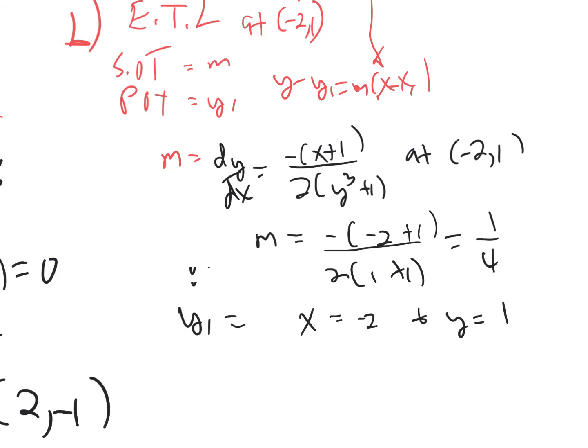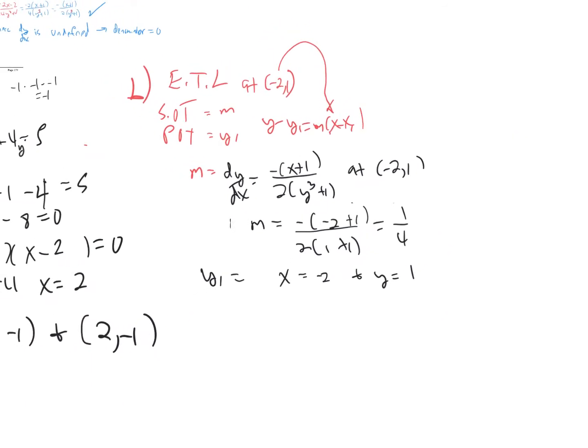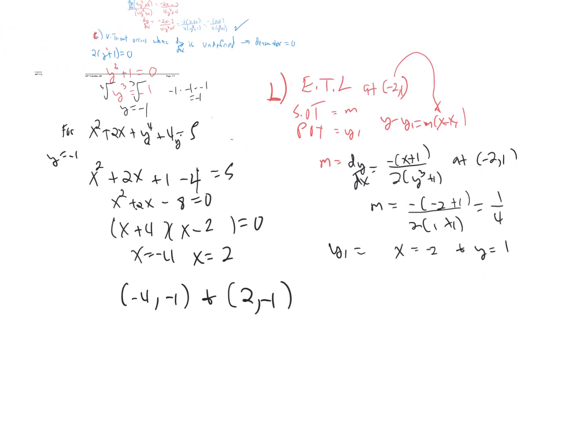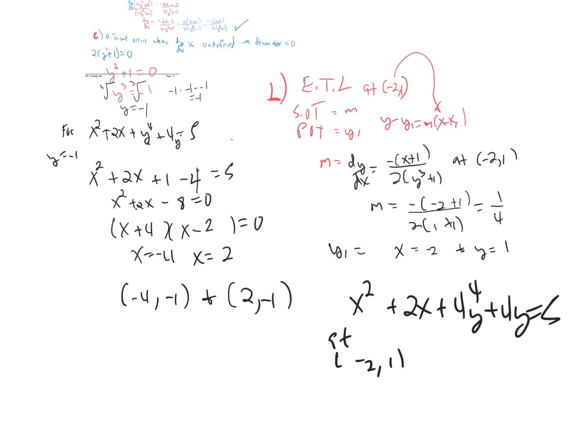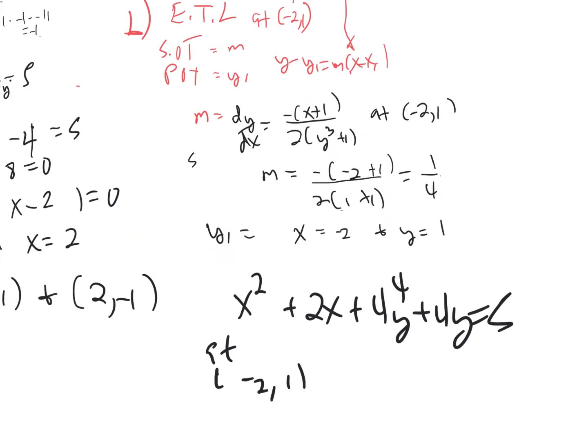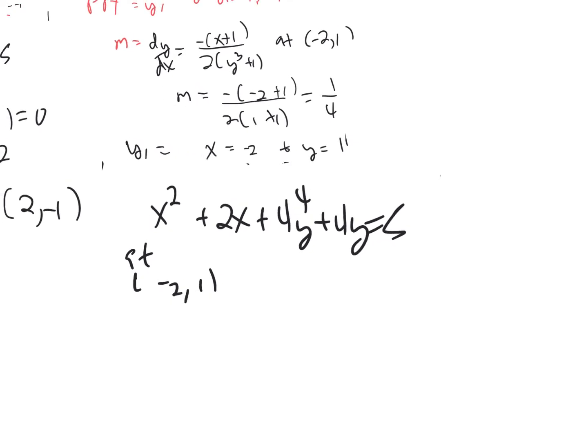So I got to plug those into that equation, the same equation that I just used over here. It was x squared plus 2x plus 4y to the 4th plus 4y equals 5. So we got to make sure that we just plug in at the -2, 1. So the fun begins. This will give me my point of tangency.